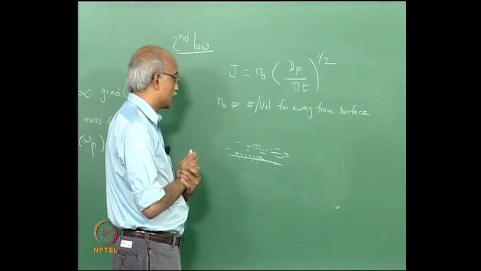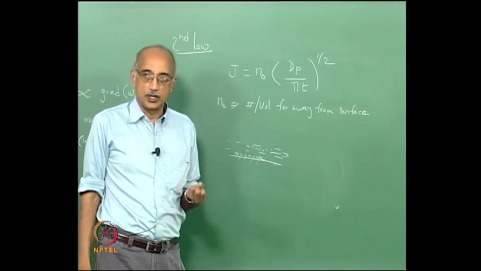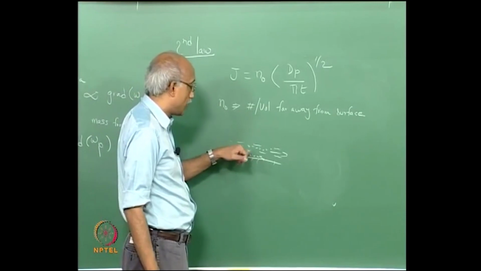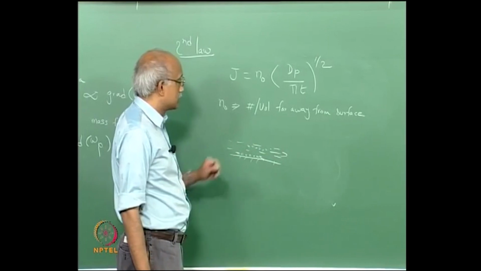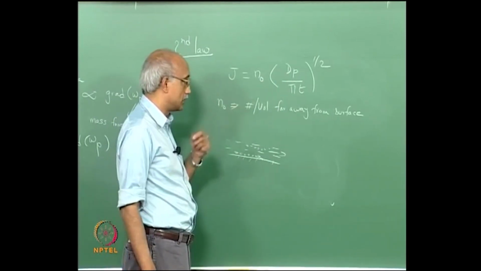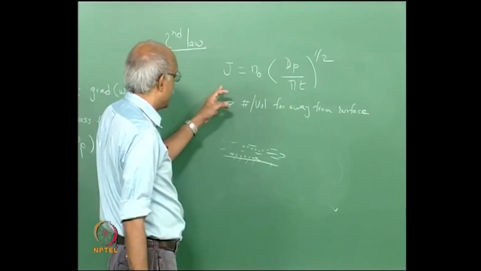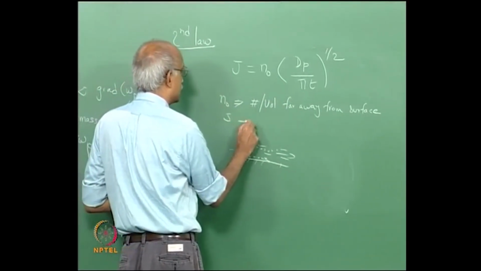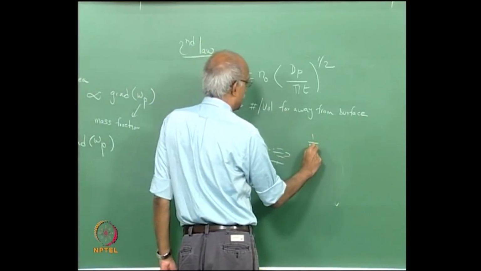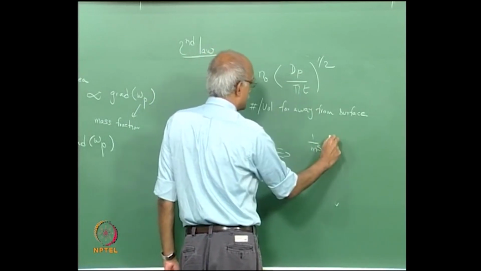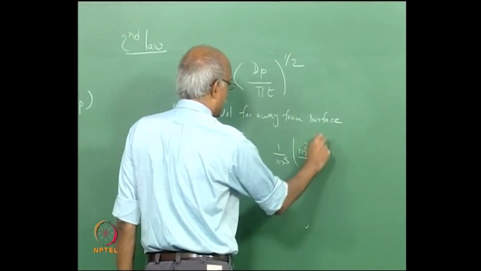So N0 then represents the number concentration of particles, number per unit volume far from the surface, that is in the mainstream of fluid flow, dP again is the Brownian diffusivity, and t is time. What is J? Look at the units. N0 is per meter cubed, dP is meter squared per second, t is second to the power half.